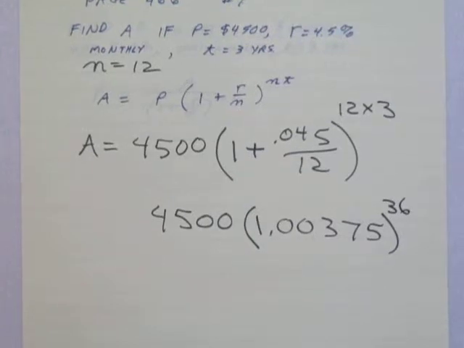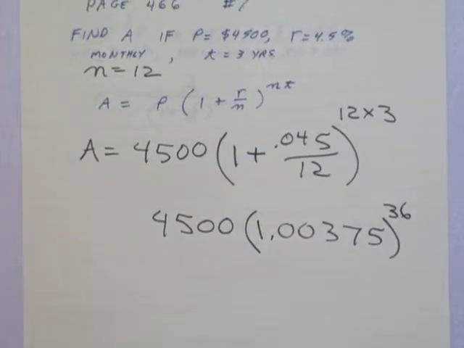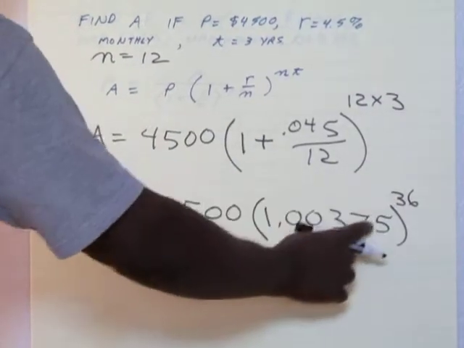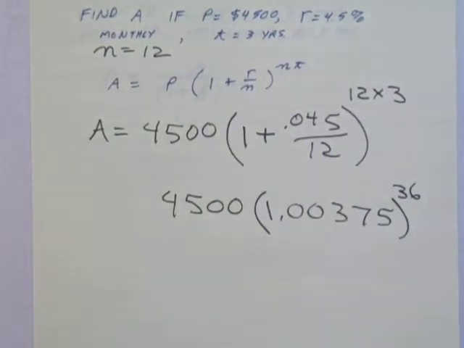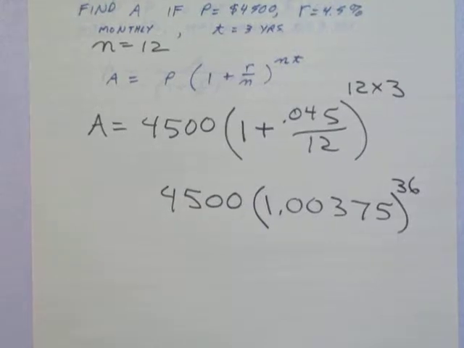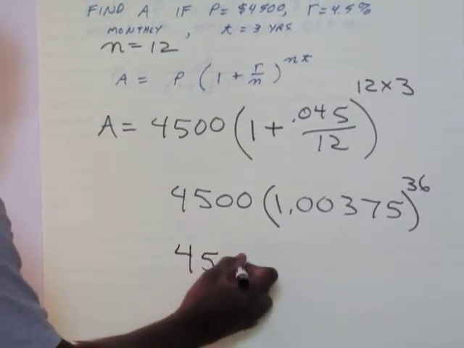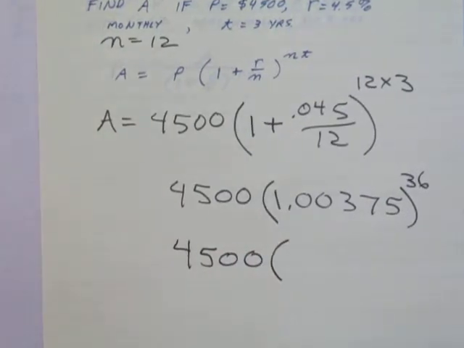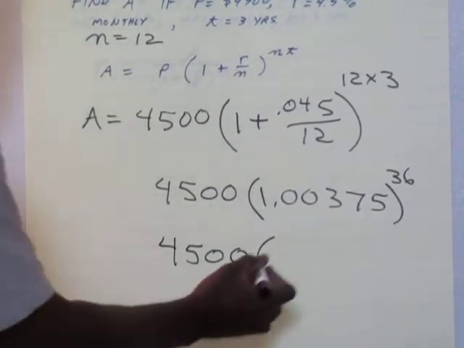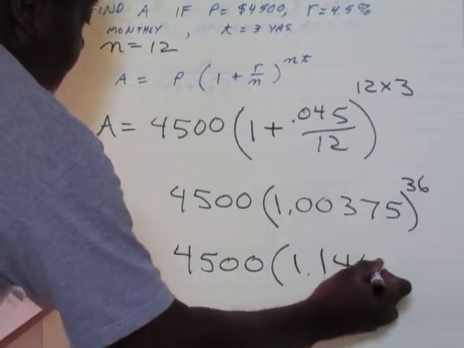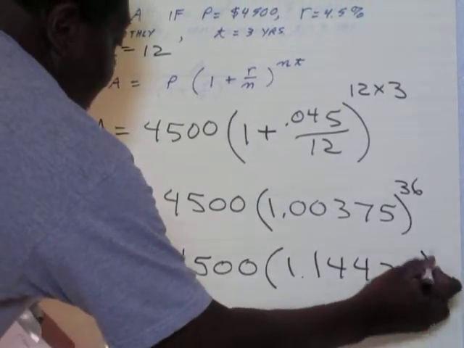At this point, you really need to have a scientific calculator. You can raise that 1.00375 to the 36th power. I'm going to write an approximate value here, 1.14425.